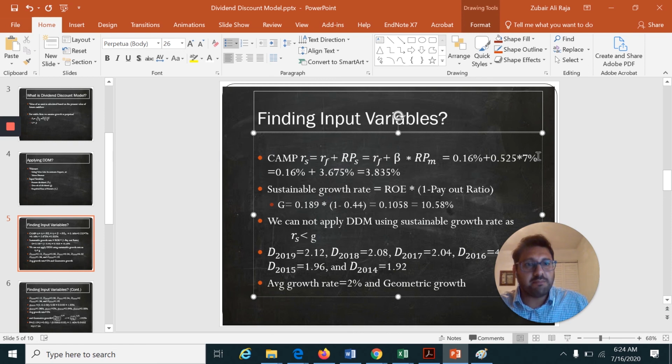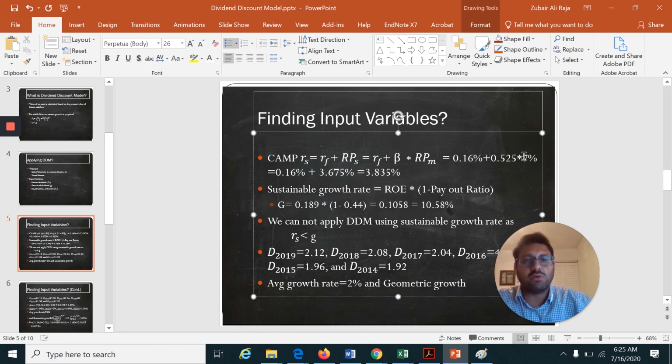Multiply by this market risk premium, 7%. There was a survey, and 226 economists participated in that survey. The median response was that over the next 10 to 15 years the market premium will be around 7%. So I'm using that survey value and considering 7%.